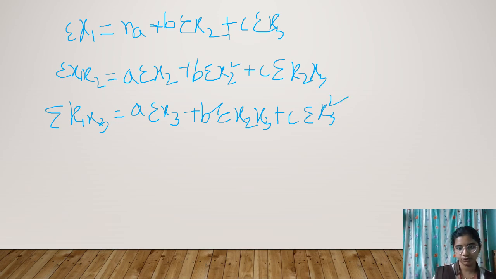So by substituting the values as we calculated them, and by solving these equations, we'll get the values of constants A, B, C. What are the values we got?